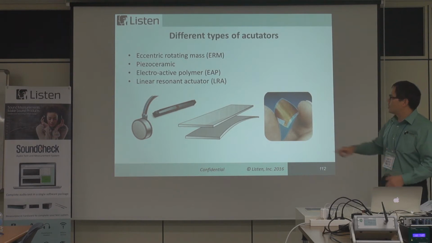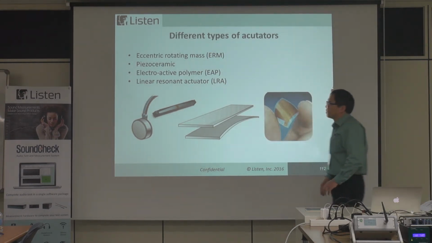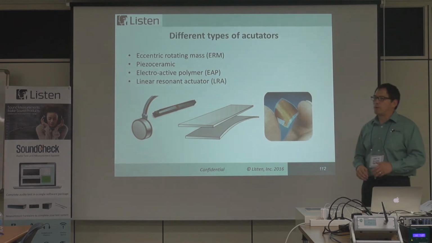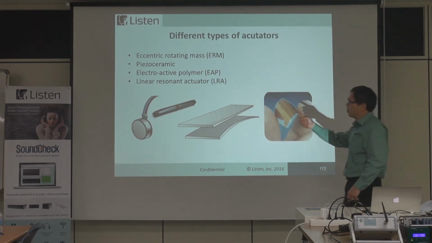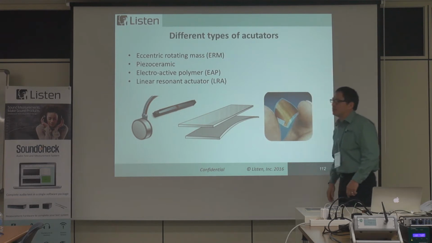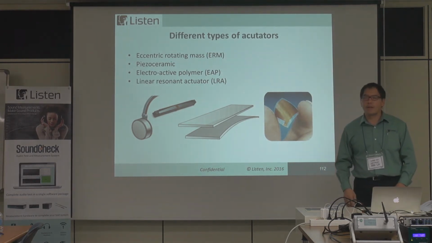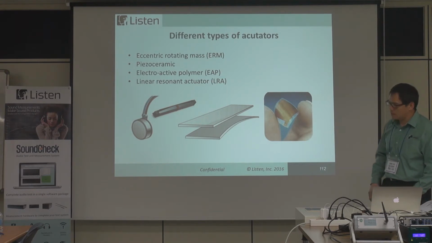The piezo ceramic is a pretty rigid material, but it also has a vibrating action when you apply voltage to it. And then the one we're really interested in is the linear resonant actuator, or linear motor. It's the LRA. That is the one that's very, very common today. Lots of smartphones have LRAs in them.